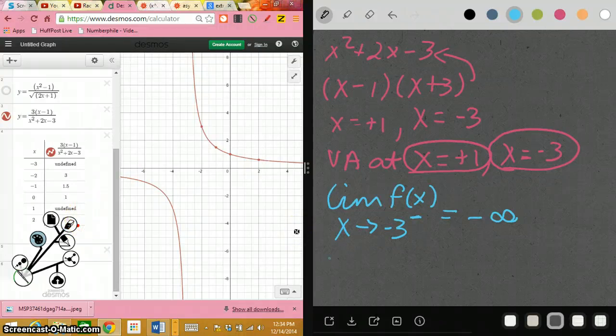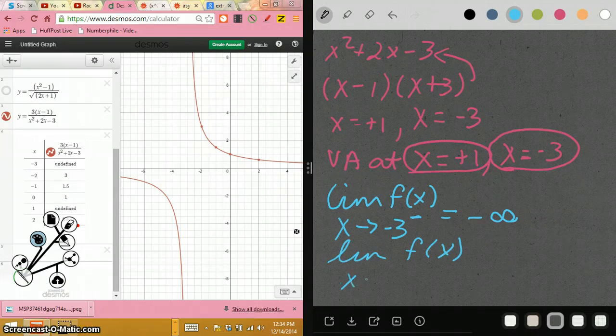Then we also have the limit of f of x as x approaches negative 3, but this time from the right-hand side, so from the positive side. Coming from the positive side, our intended height of this function is going to be positive infinity. And that's what it means by writing it in limit notation, those two.